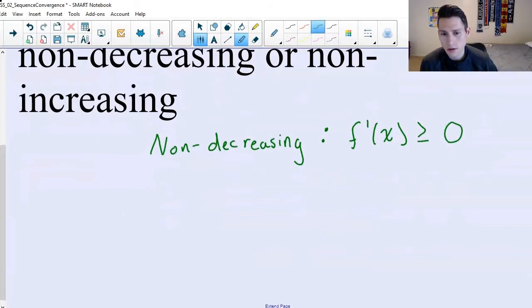Okay, so note that you might think non-decreasing just means increasing, but that's not true.